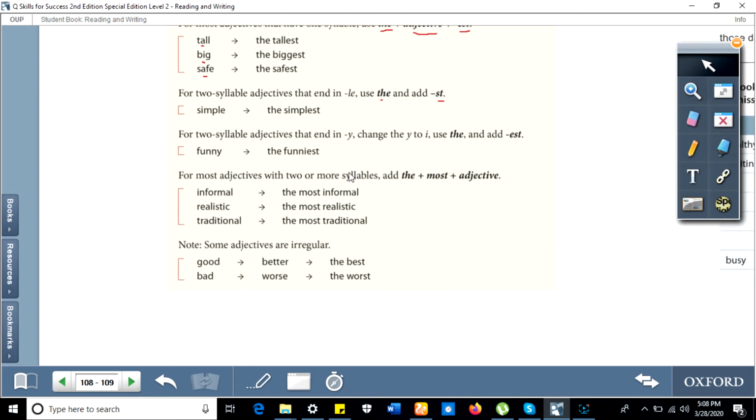For two syllable adjectives that end in Y, change the Y to I, use the and add est. So two syllables, funny becomes funniest.